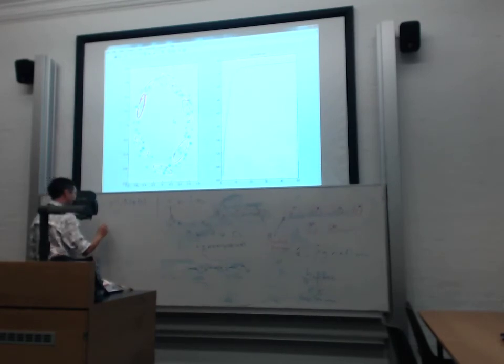I'm going to have a Gaussian. So it'll be some distribution, say V, two-dimensional V, minus its mean.